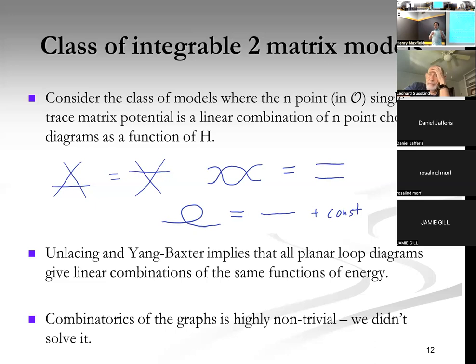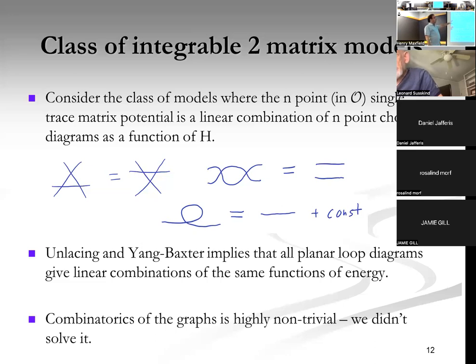So there's just a kind of combinatorics problem of, say at 4 points, how many 4-point general Tuft graphs, linear Tuft graphs at 4 points unlace to the crossed versus the uncrossed diagram. So that's a trivial combinatoric problem. We actually didn't solve this one. But it probably has a simple solution, but I'm not sure.